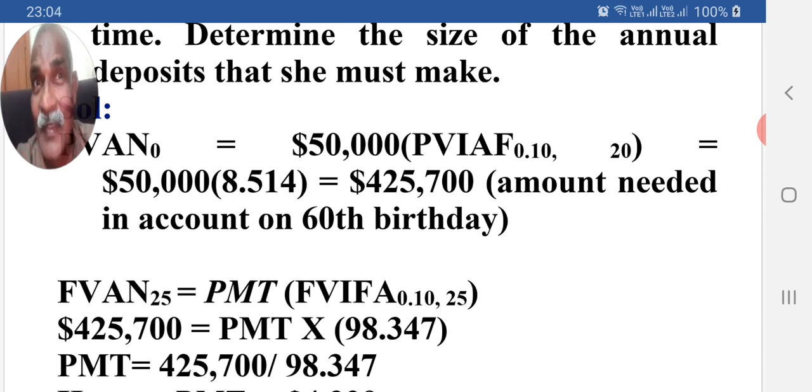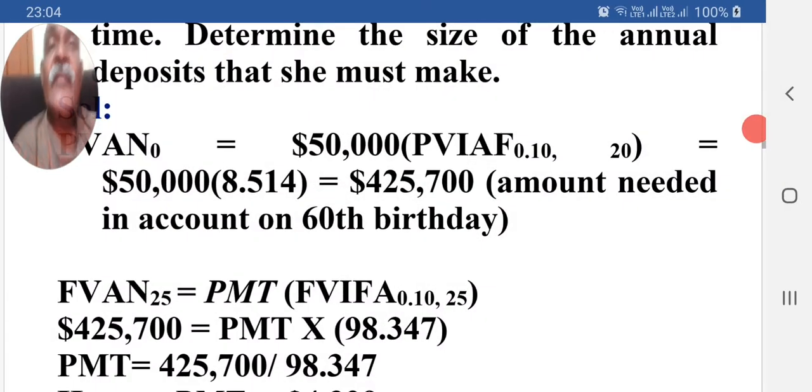The future value is 425,700, which is equal to payment, not known, multiplied by the future value interest factor annuity, 10%, 25 years. The factor will be 98.347.